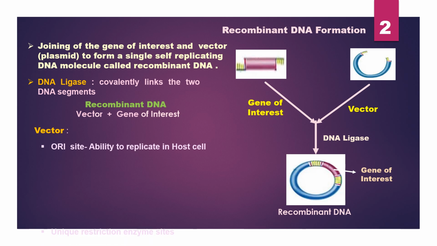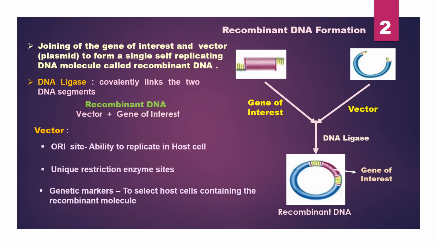Secondly, a unique restriction enzyme site is needed, as the vector has to be cut open to insert the gene of interest. And last, a genetic marker which will help in the selection of host cells containing the recombinant DNA molecule.